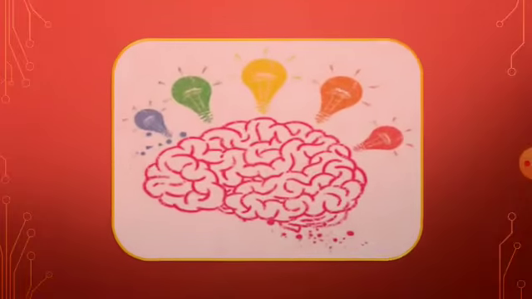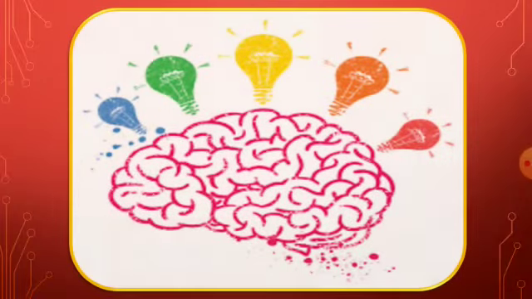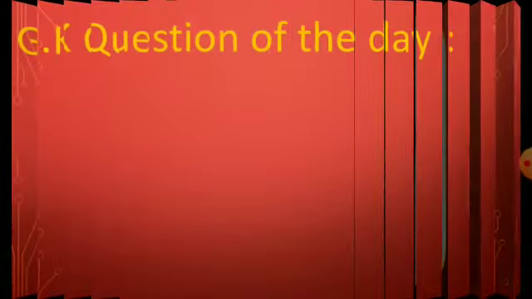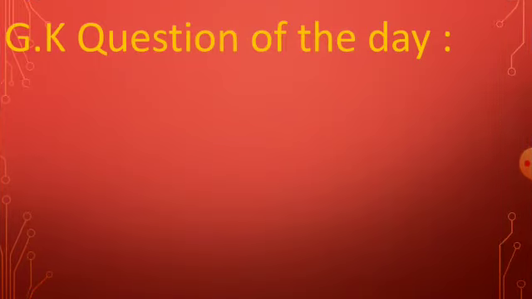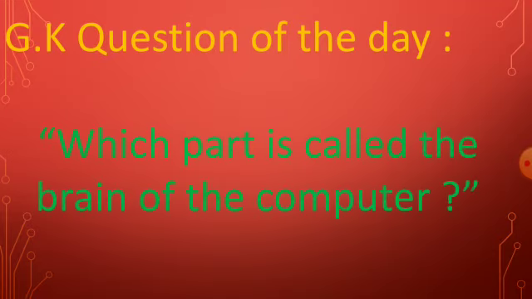Now you can see a picture of a brain, and you can see different work being done over here, different ideas, different thoughts. Now we will move on to our general knowledge question of the day. And what is the question of today?